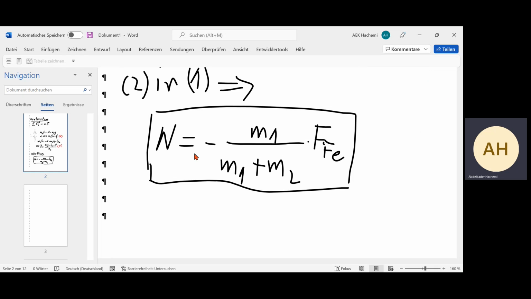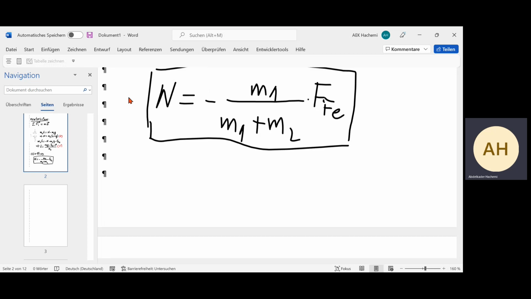Now the question is to get the kinematic relation. Then we have to separate, let's say, 3 cases. There is the rest state, the static state, and the actual state due to the dynamic motion.